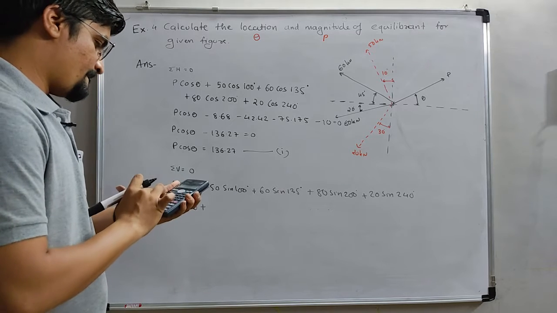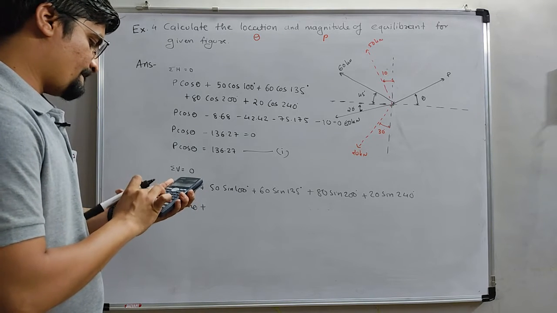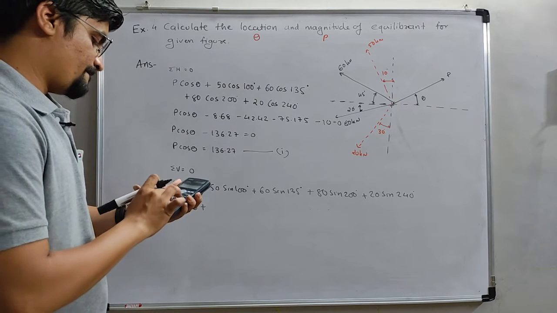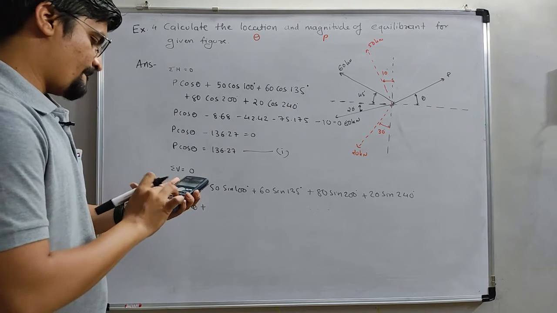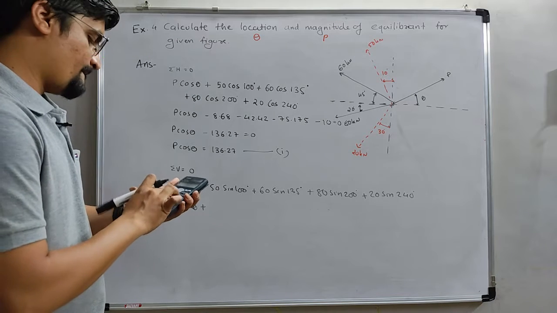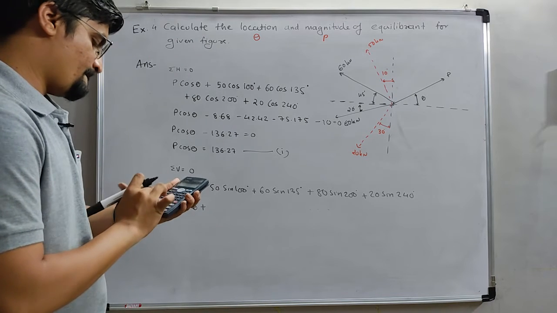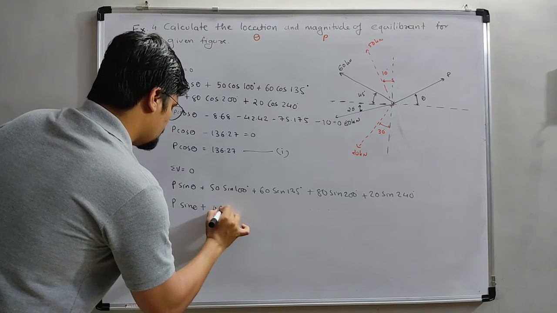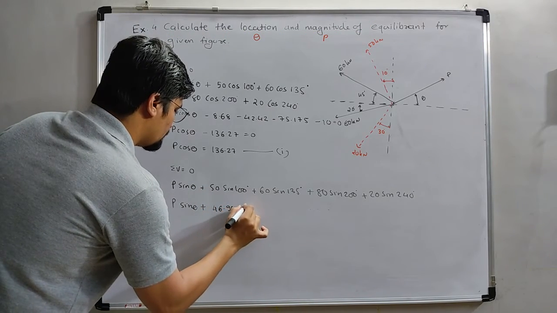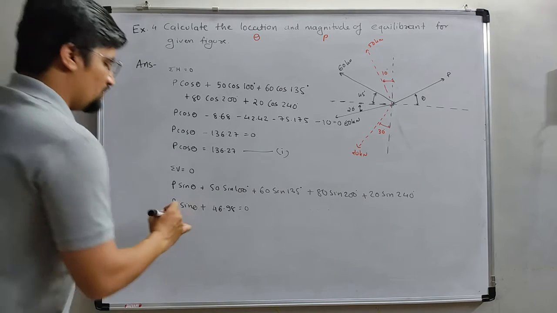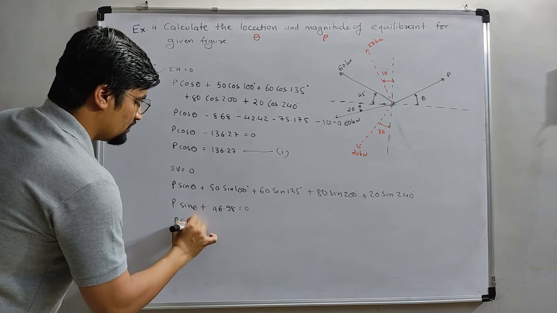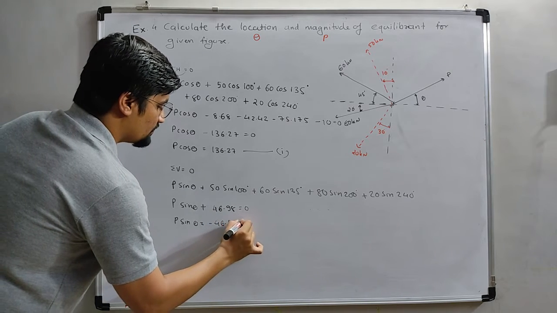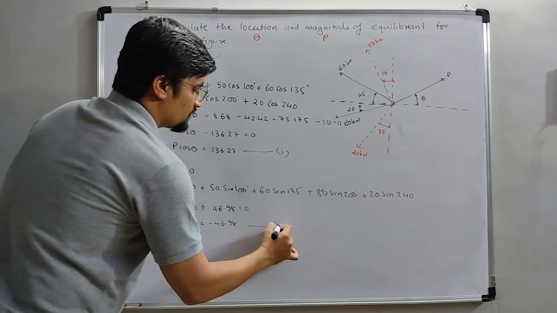I will write the answer directly: 46.98 is equal to 0. So the P sin theta equation will be minus 46.98. This is equation 2.